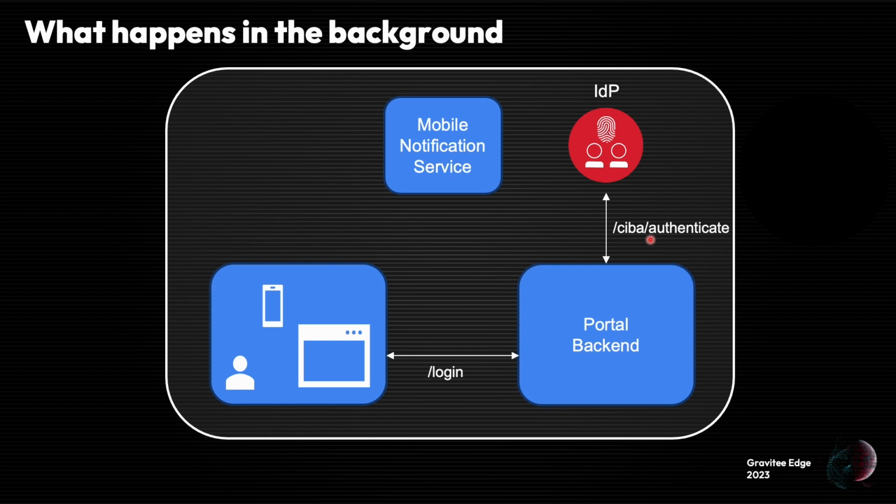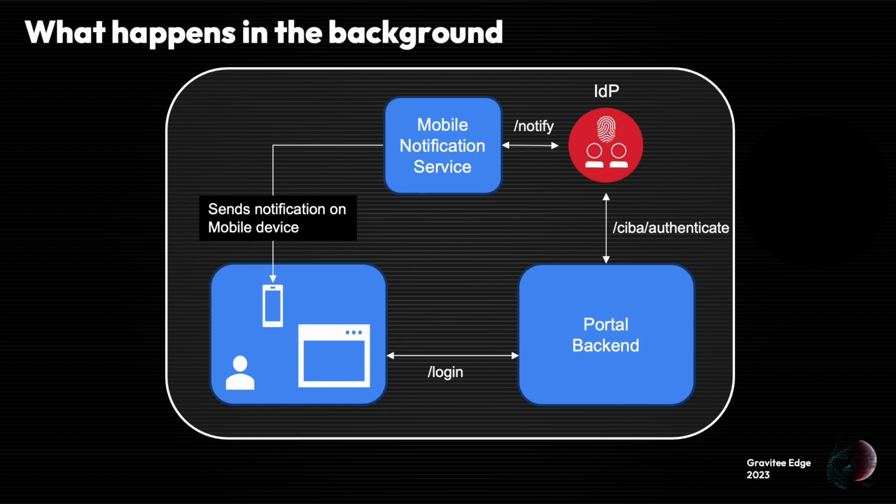Gravitee has internal logic to verify the username. On receiving the CIBA authenticate request, Gravitee triggers the notify endpoint on the external notifier service which was configured.